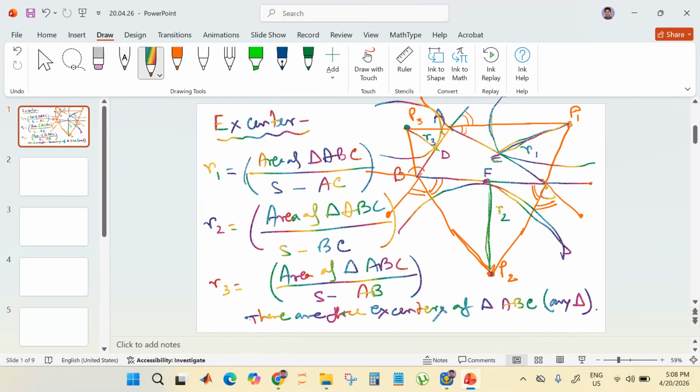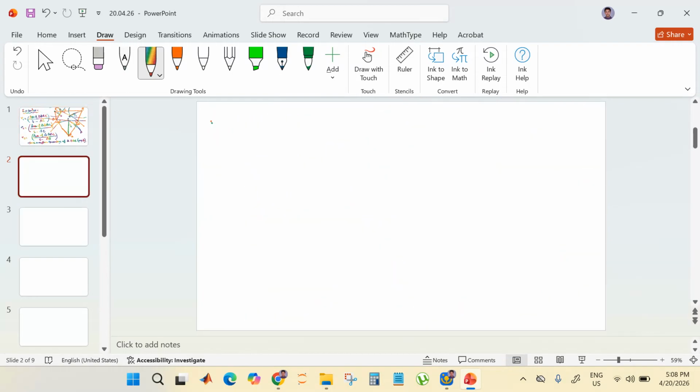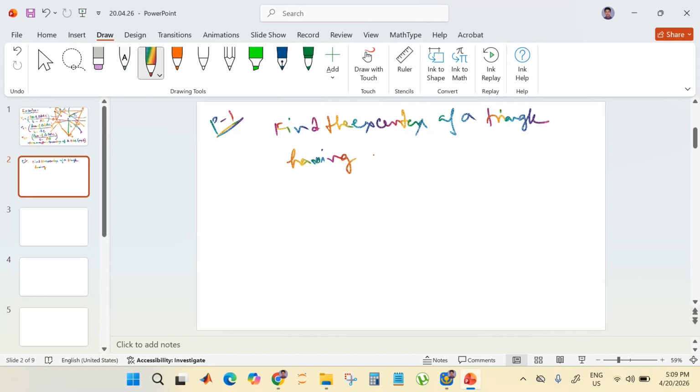Okay, so if I write one problem, that is, find the excenters of a triangle having sides equals to 10 centimeter, 12 centimeter, and 14 centimeter.